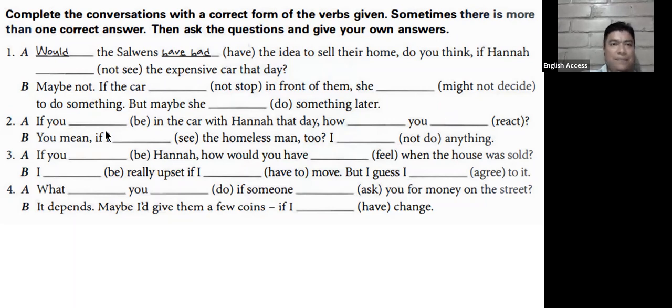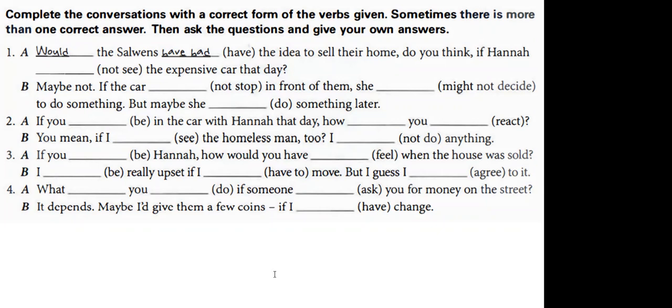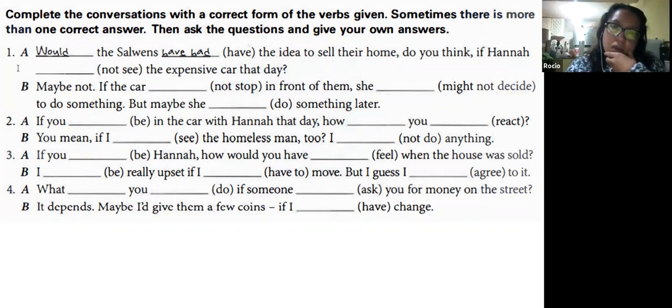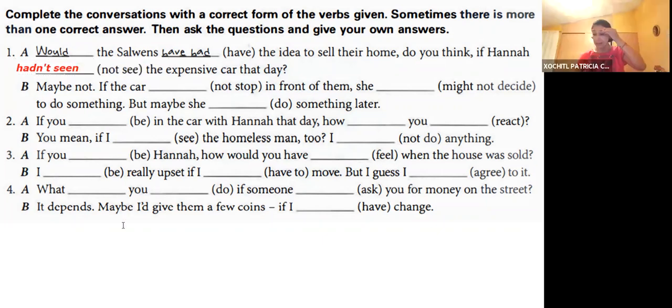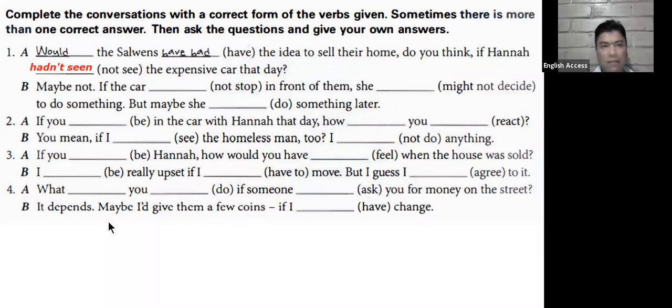Number one, would the Solowens have had the idea to sell their home, do you think, if Hannah hadn't seen the expensive car that day, if the car hadn't stopped?